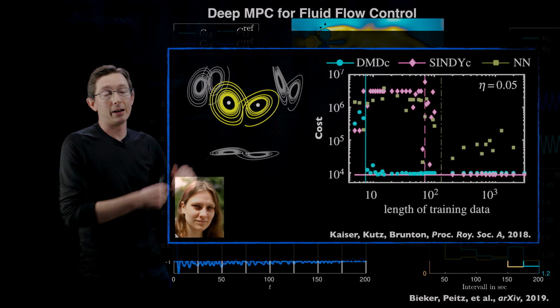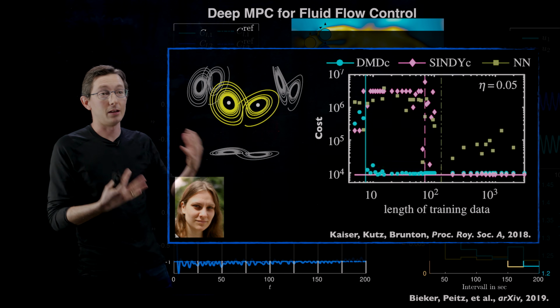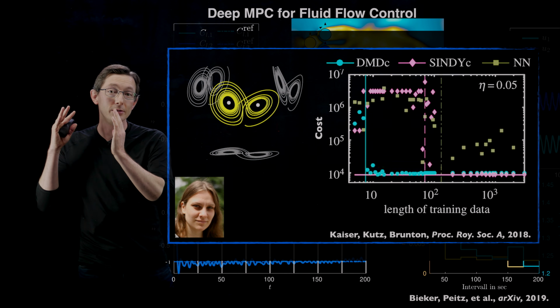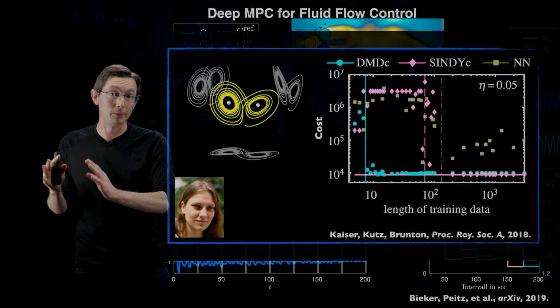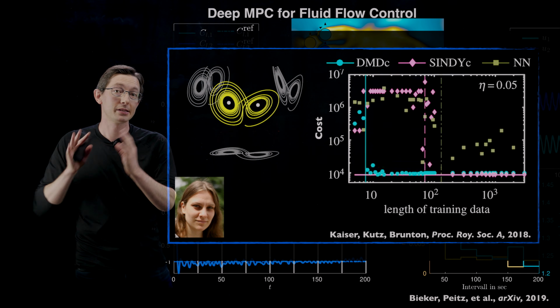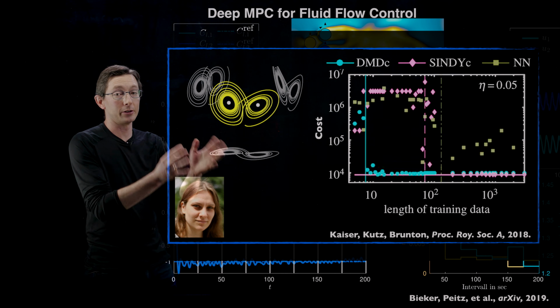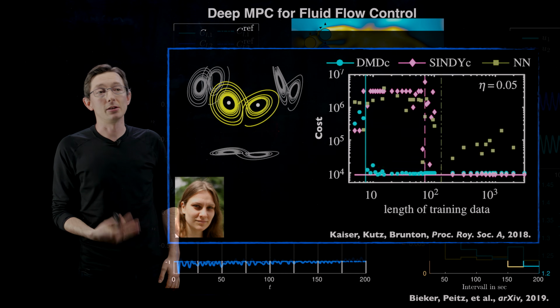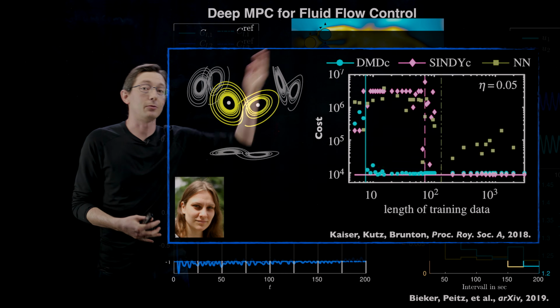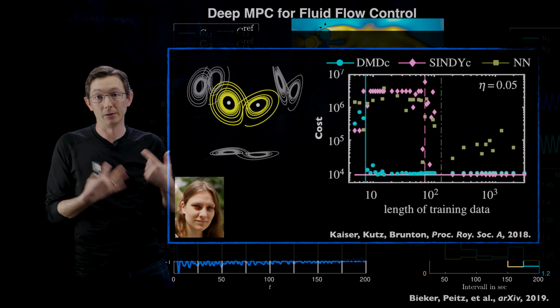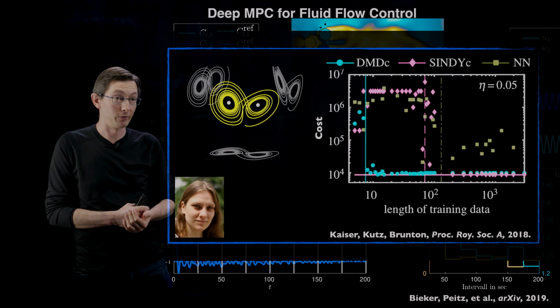There's also this great paper by Ulrike Kaiser that points out, she does a comparison of using model predictive control based on DMD models, sparse SINDy models, and neural network models. And she shows that in general, if you can represent your system with DMD or SINDy, you get better control performance.